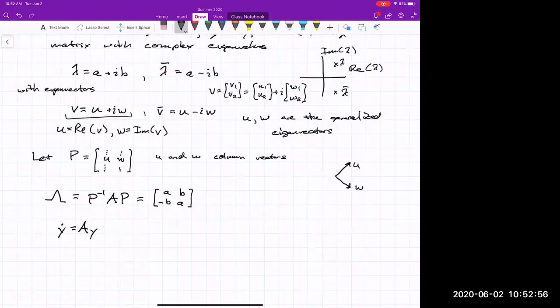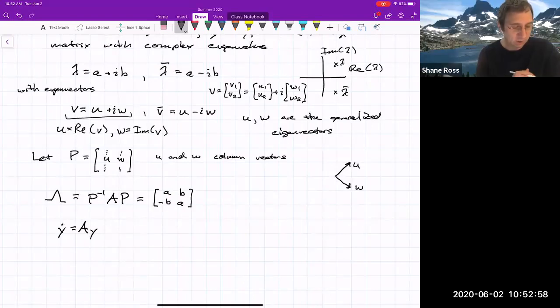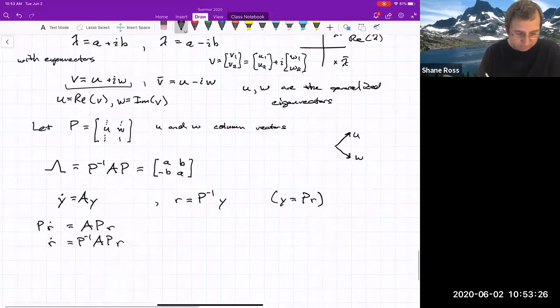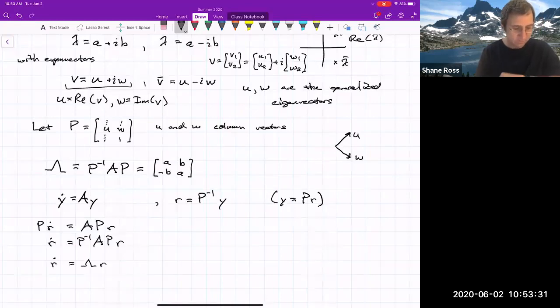In the original coordinates, we have y dot equals Ay. We do the transformation: R equals P inverse Y, or if you want, Y equals P R. So this is P R dot equals A P R. Multiply both sides by P inverse: R dot equals P inverse A P R. We recognize P inverse A P is just lambda.